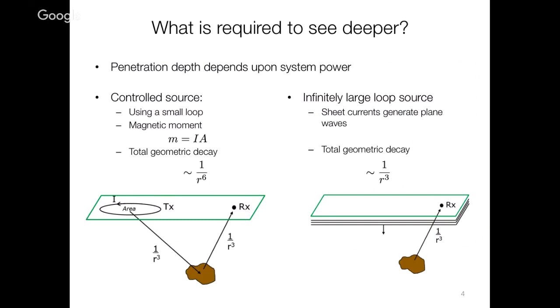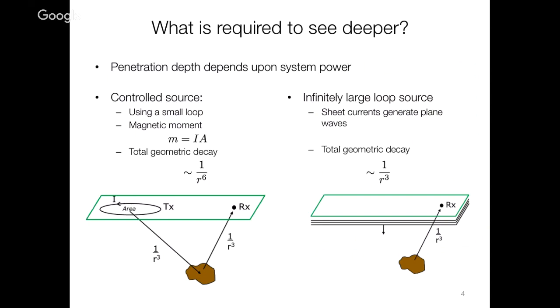If we have a controlled source, so we've got some kind of a loop, then if that's acting like a dipole, you've got a 1/r³ decay down to your target, and you've got a 1/r³ decay from your target to the receiver. So that's a 1/r⁶. So r⁶ is a really big number. What you'd really like to have, like imagine if we didn't have to worry about this, we didn't have to worry about that geometric attenuation.